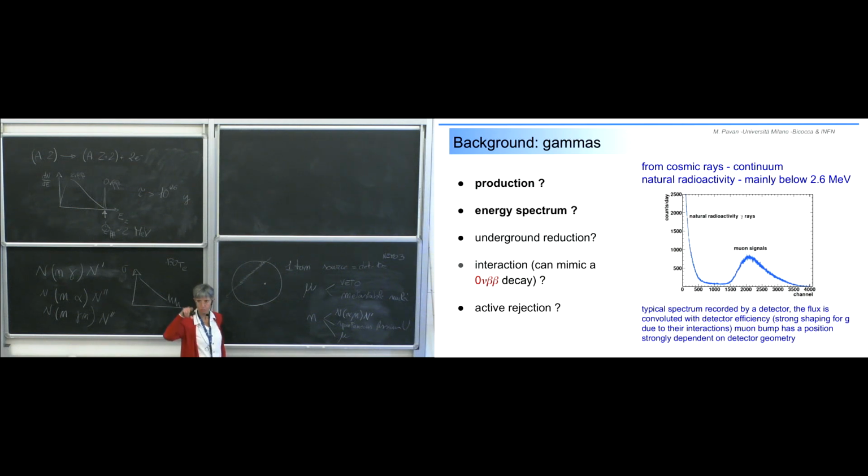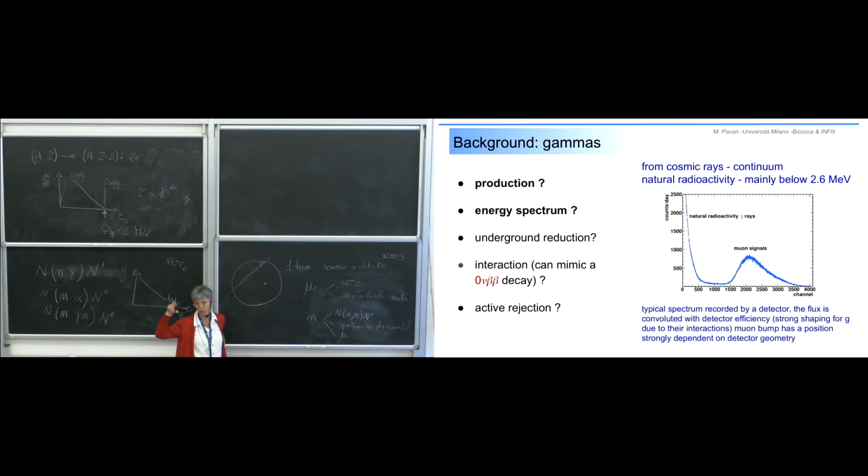Since a muon is a minimum ionizing particle, the amount of energy that it deposits inside the detector depends on the constant, the energy deposited per unit length, times the length of the track of the particle.